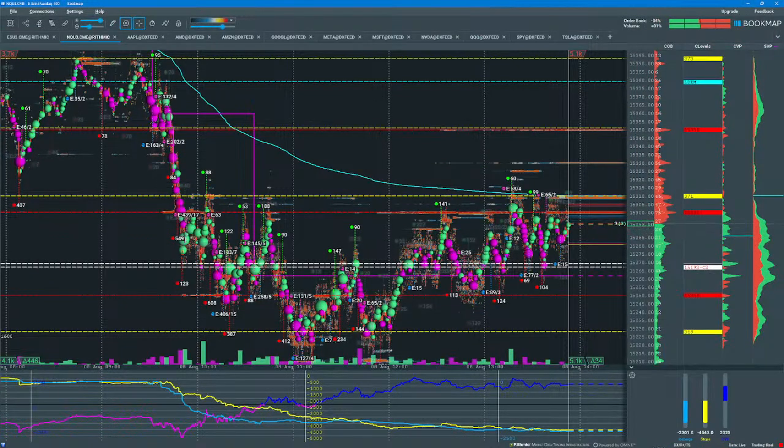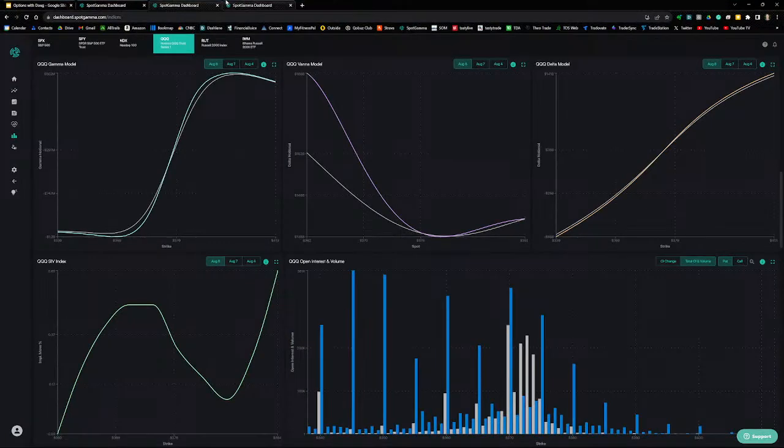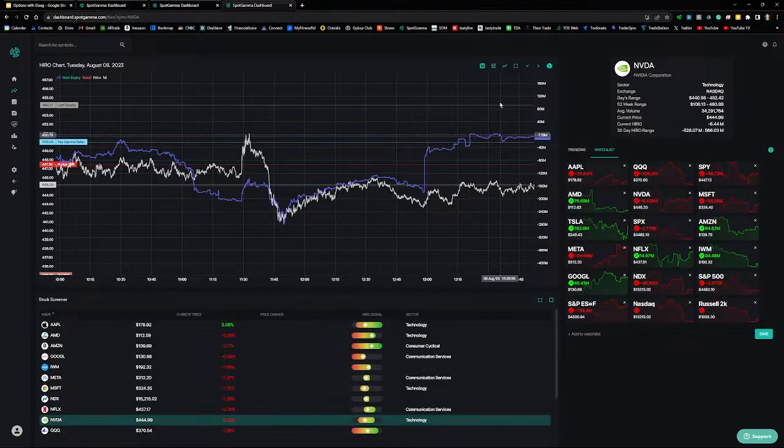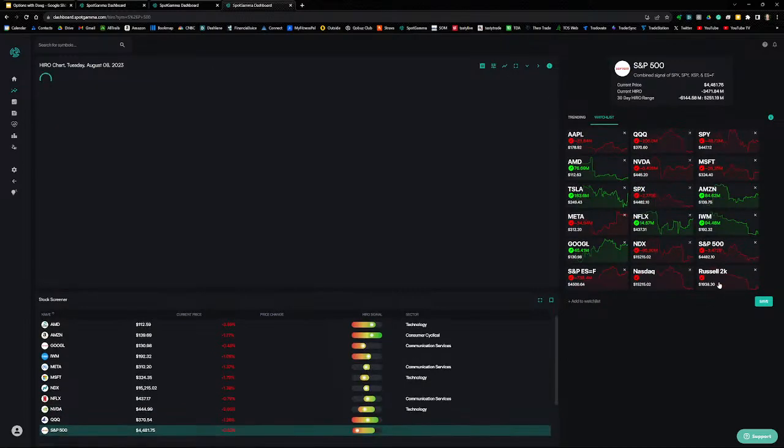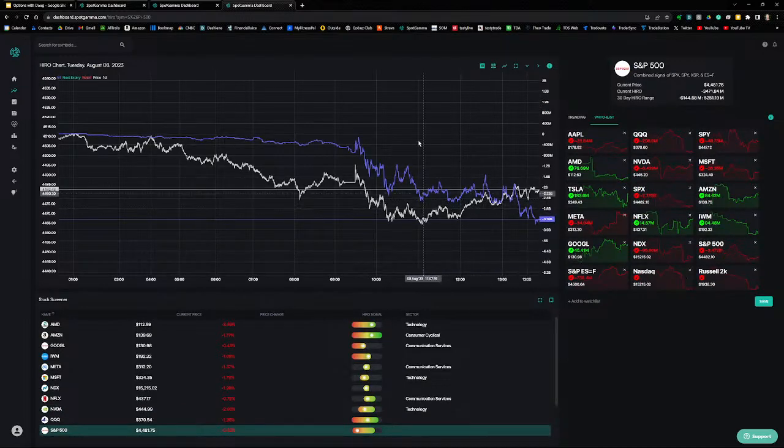So I'm going to start with the S&P 500, and I'm going to start with this hero signal here, and we'll see what options traders have been doing today.